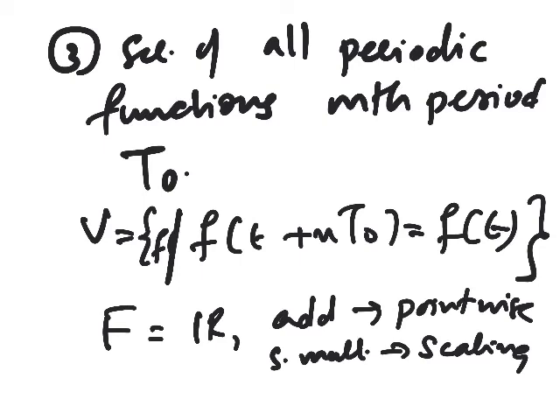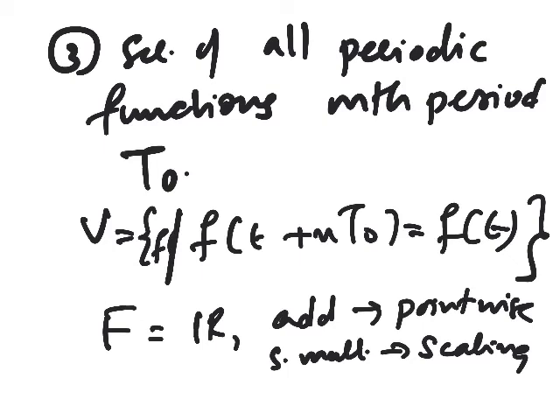Understood what is the set of vectors? In this case, sin omega 0 t and cos omega 0 t are two sample functions, where omega 0 in this case will be 2 pi by t naught.